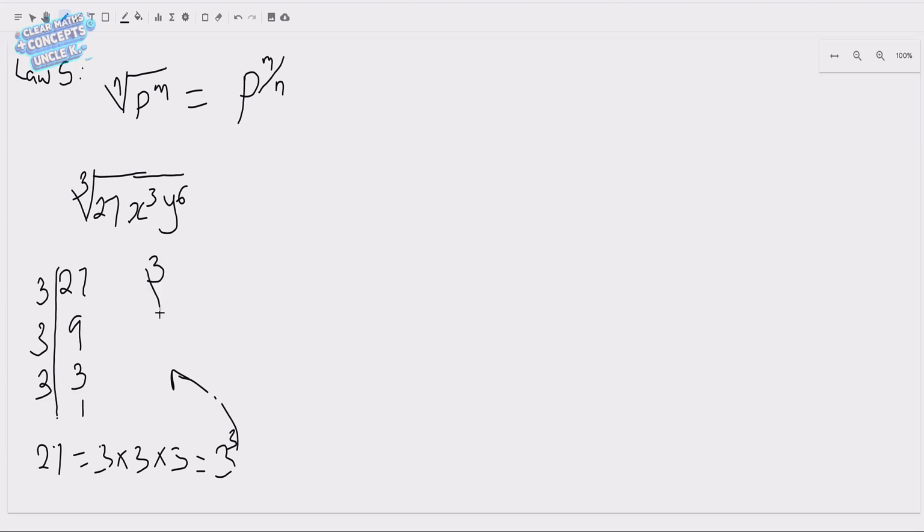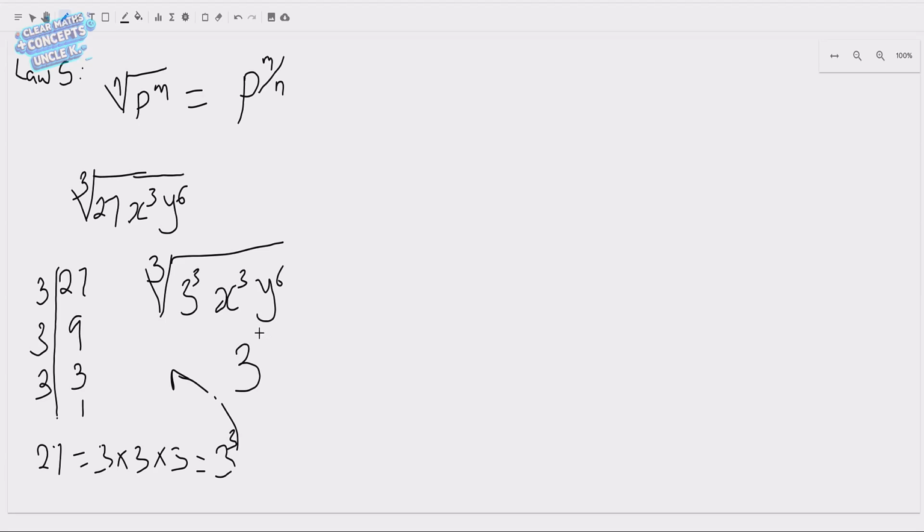You have cube root of 3 raised to the power of 3, x raised to the power of 3, y raised to the power of 6. So the moment you remove the root, now pay attention to what I just said, it means you will remove the cube root, and we divide every power that is inside by the root.